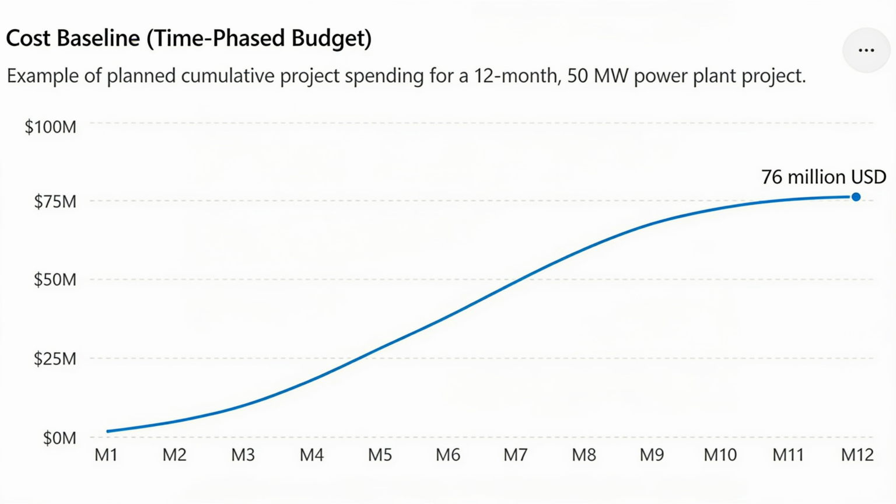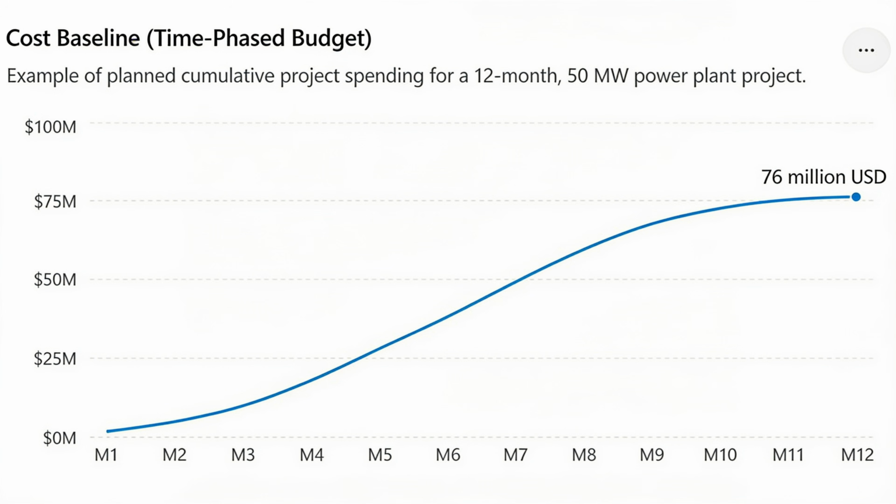During the first few months, the curve starts slowly as most of the work involves site preparation, excavation and civil foundation. So project spending is relatively low. As the project moves into the middle phase, the graph becomes much steeper. Expensive activities like purchasing the equipment, auxiliaries, piping, and electrical installation will take place.